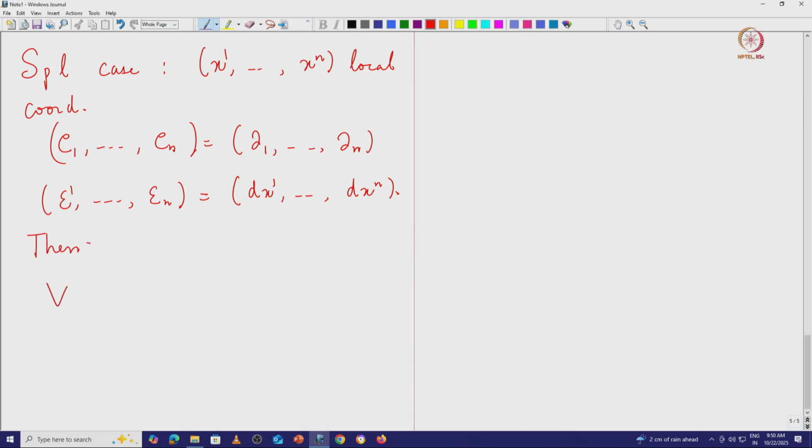So then we have the following, that if you take the covariant derivative of alpha in the ith standard direction, then the jth component of that is simply given by del alpha j by del xi, and then some correction term coming from the connection.